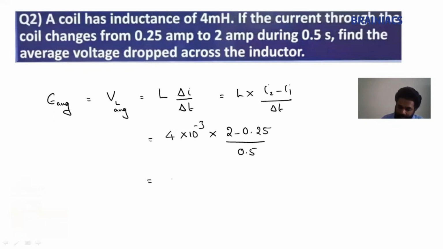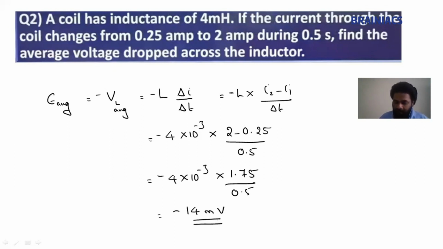When we do this, we'll be getting 4 into 10 raised to minus 3 into 1.75 divided by 0.5. The minus can be kept here, or if we only need the magnitude, we can avoid the minus, based on the options in the multiple choice questions. So this is actually 14 millivolt. The EMF induced is minus 14 millivolt, or 14 millivolt; direction can be found if it is really necessary. Okay, we will move to the next problem.